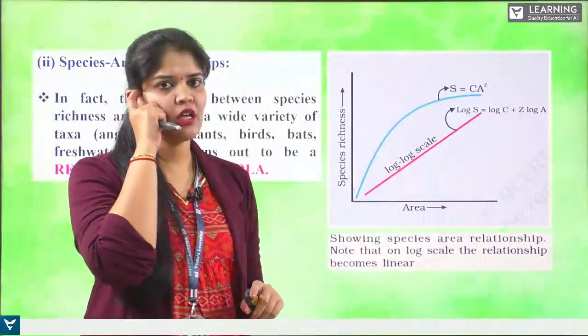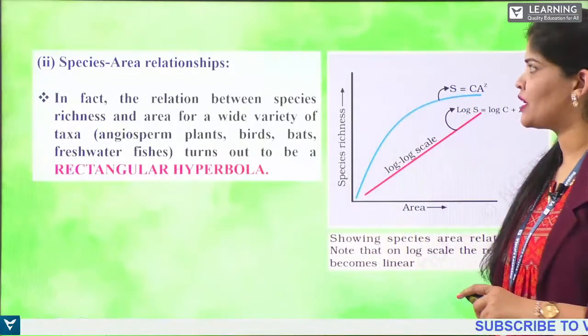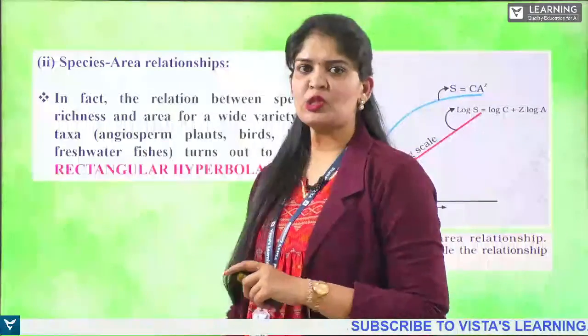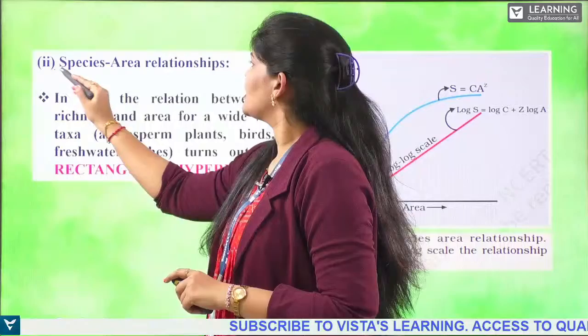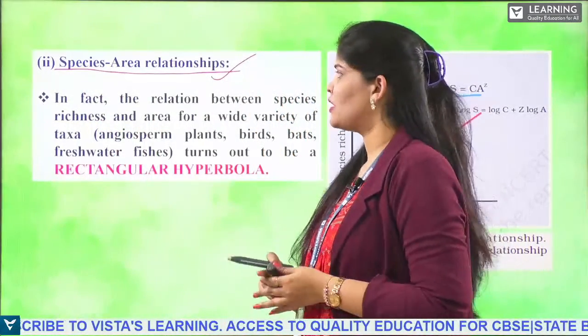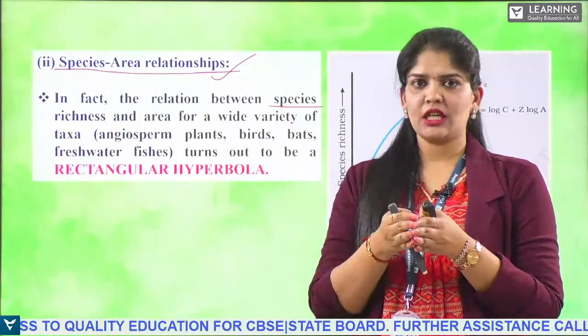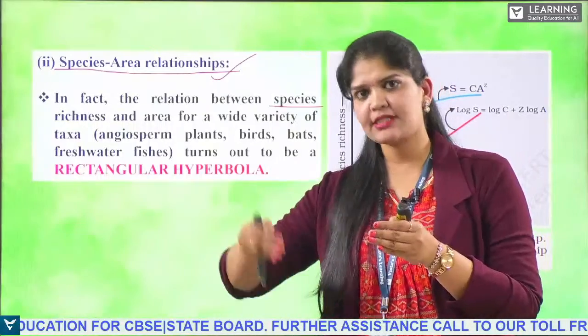Now, this is explained by means of this graph. Let's understand the relation between species richness and area.